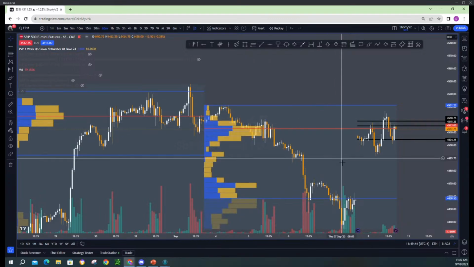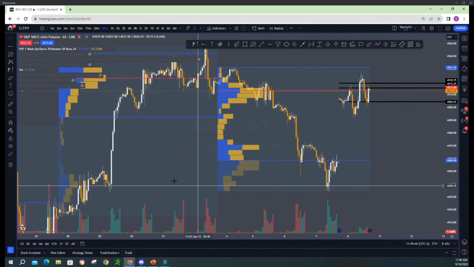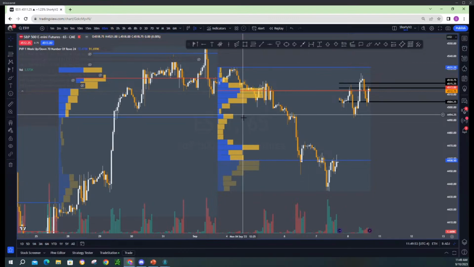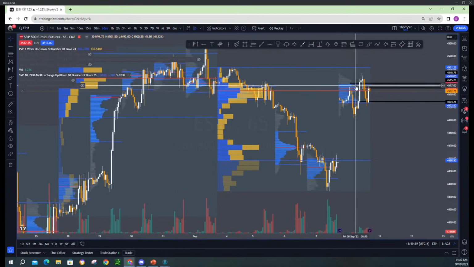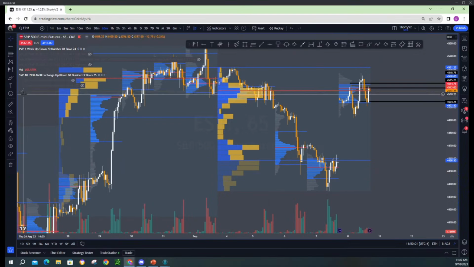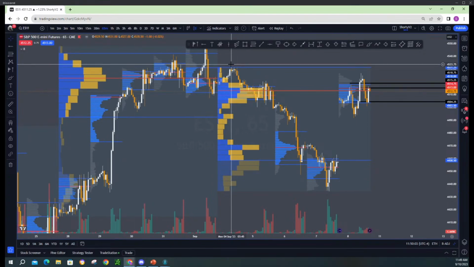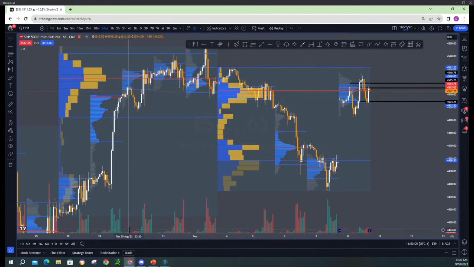So now, where's the value area high and low of the week? This is the weekly profile, and the daily profile is right here, on the inside, right? You should probably have 5 of them in a week. You see it? Can you tell me the value area high and low of the weekly?